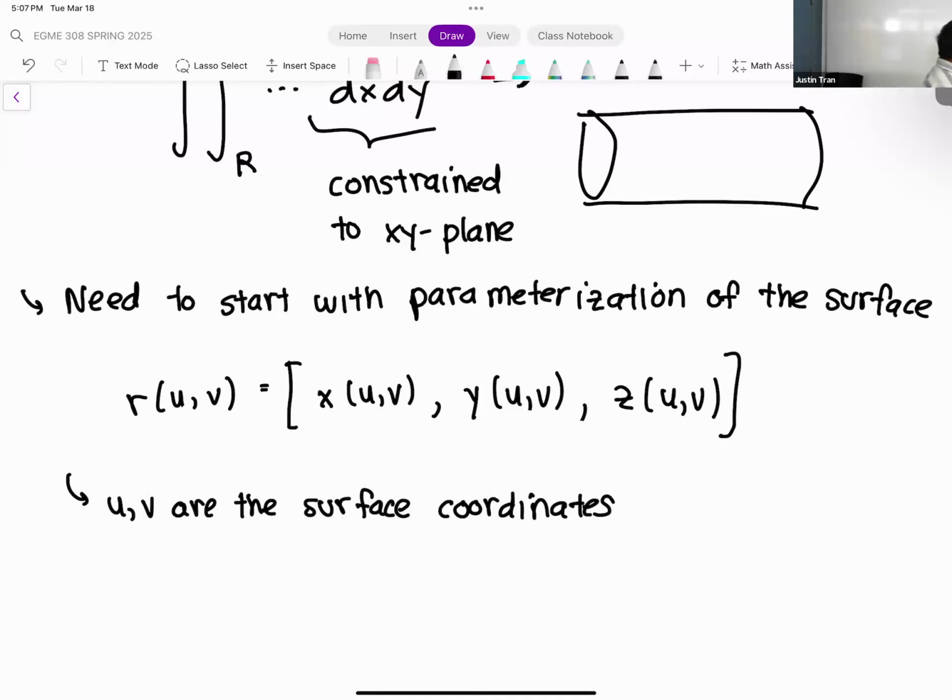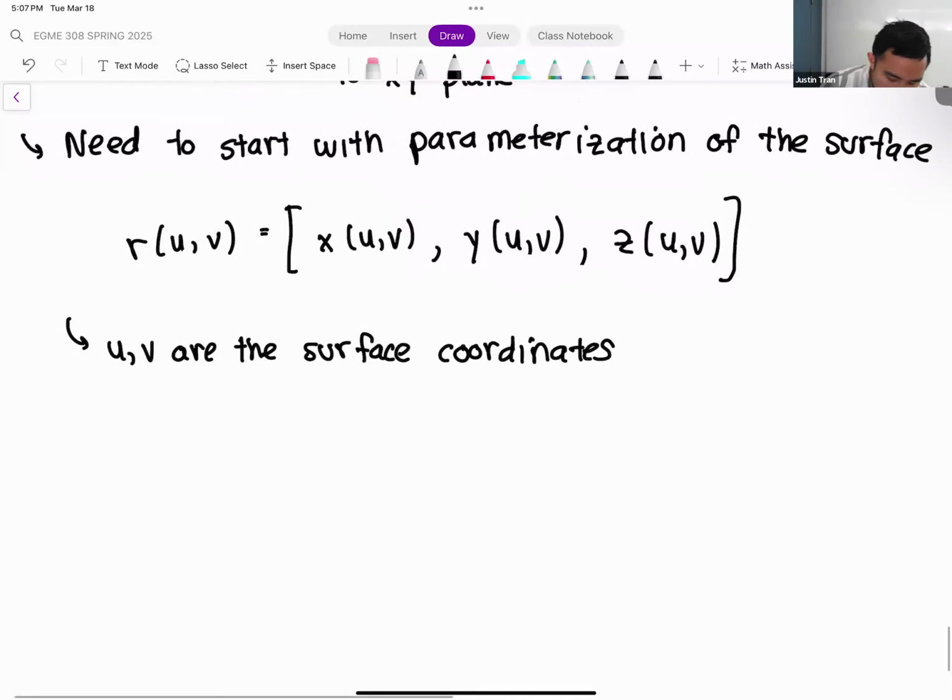By plugging a pair of surface coordinates into the parameterized surface, it tells you the X, Y, Z location of where you are on that surface. You can think of the parameterized surface as a change of variables between the surface coordinates U and V and the traditional Cartesian coordinates X, Y, and Z. But I think the easiest way to show you is with an example. So let's do a cylinder first.